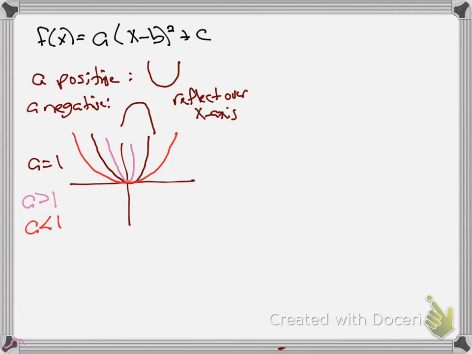The next easiest one to look at is the C. When C is positive, my graph shifts up. When C is negative, it shifts down.